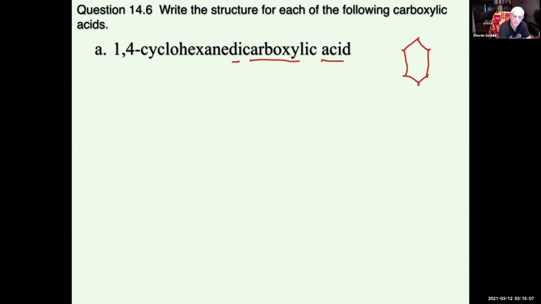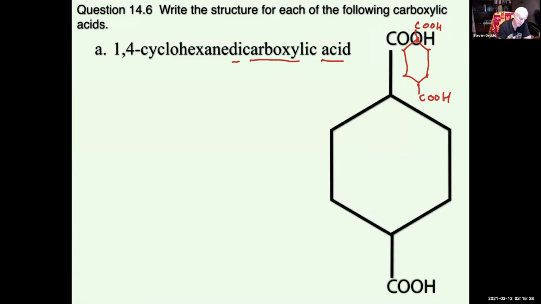Where are they going to be? Well, it says it's at number 1 and at number 4. So 1,4 cyclohexane dicarboxylic acid. And that's what it's going to look like. I should have put it to the side so you can see this a little bit better. Okay.